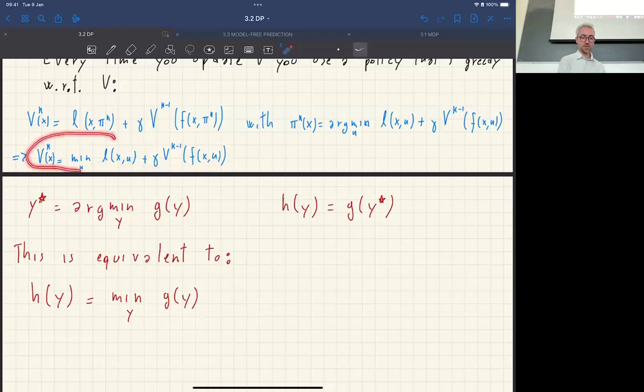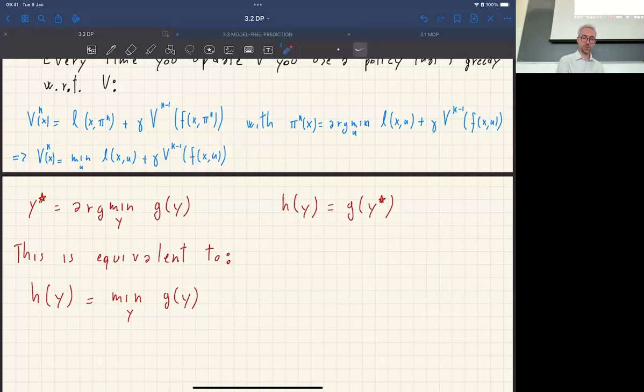So since I can do both things with just this, do I even need to store a policy? No, of course not, because there is no policy with this new way of writing it.